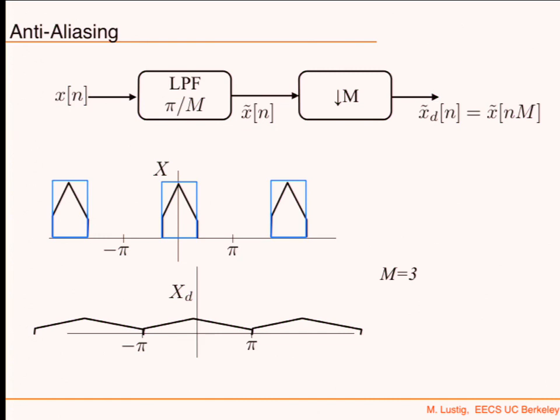The other way of thinking about it: whatever your spectrum has right now, you just stretch it, and whatever goes beyond pi replicates back in. Whatever goes beyond pi over here shows up at this side, and whatever goes out beyond minus pi shows up at the other side. That's another way of thinking about it.